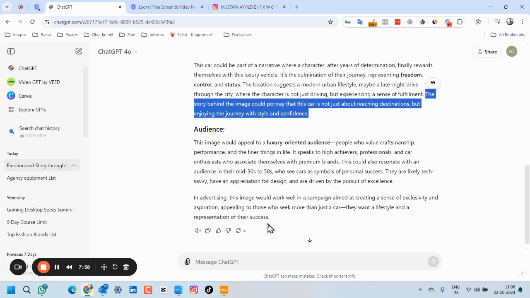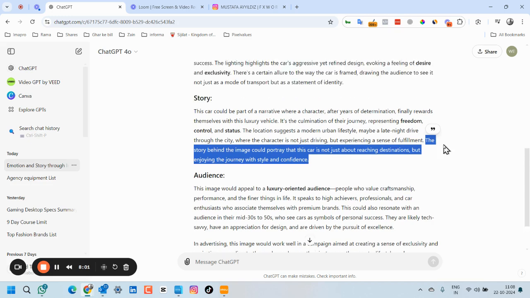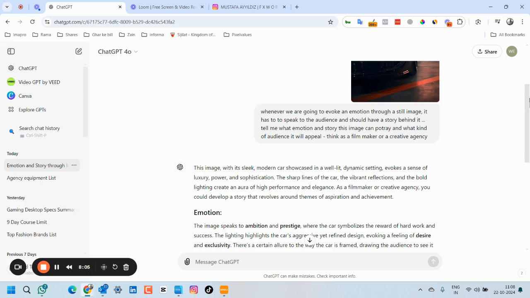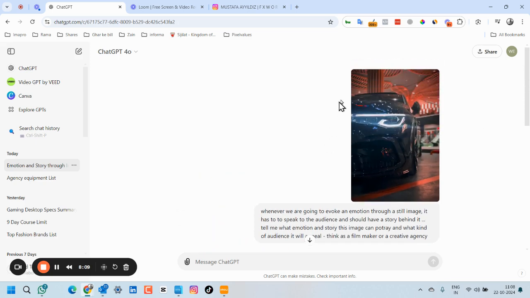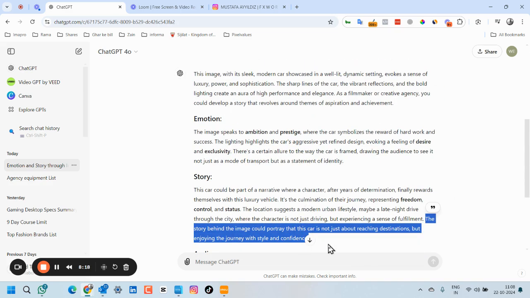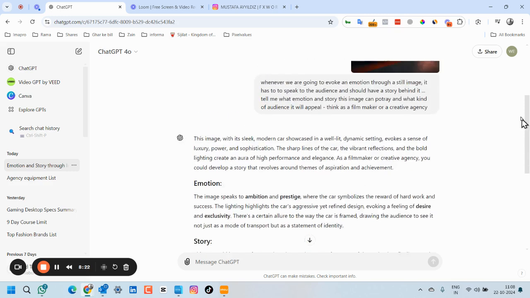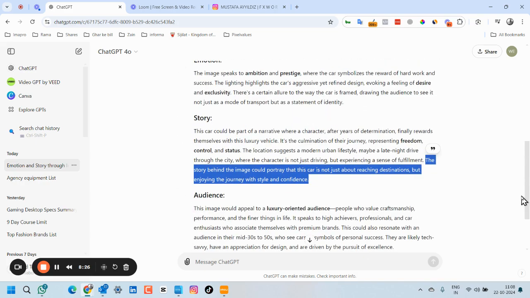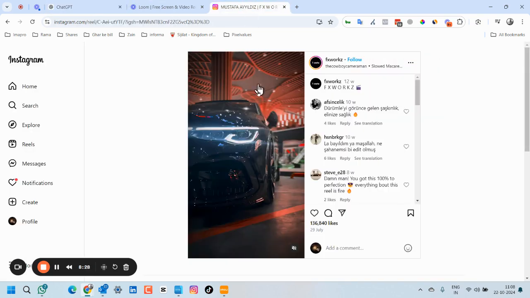Okay, so this is something we know, but I want you to understand how we demystified a simple problem of organizing an ad campaign just by one image, and how this image has evoked the emotions, and it has given you a very excellent organized analysis of this particular image, which was part of a reel.